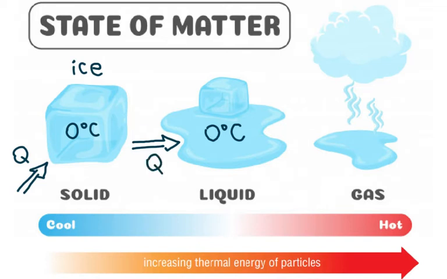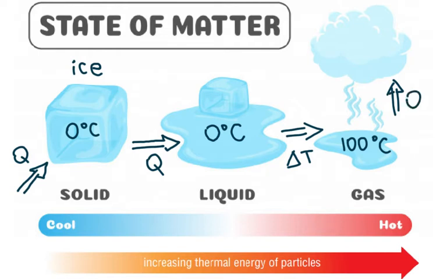If you continue adding heat, the temperature of the water is going to increase, and until it is at 100 degrees Celsius, it's not going to start vaporizing. When it reaches 100 degrees Celsius, any heat added into the water will turn it into vapor. This is a process called vaporization.